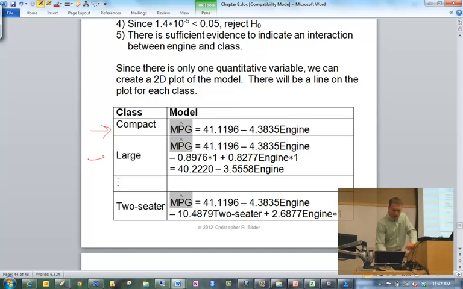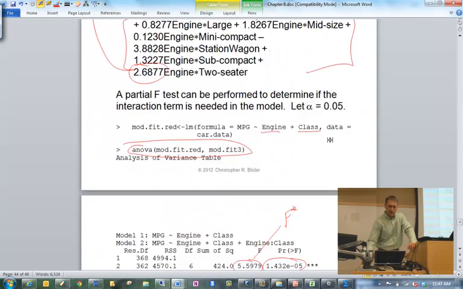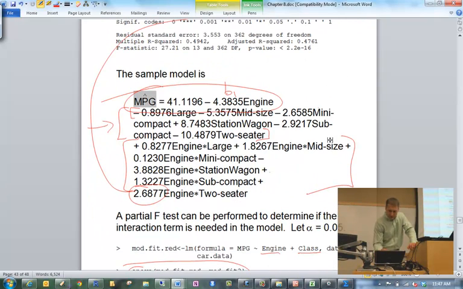If I want to look at what my model is when I have a large car, again, I have B0 plus B1 times engine. But now I have to worry about when large is equal to 1. So let me get a highlighter out here. Here's large, and here's large as well.